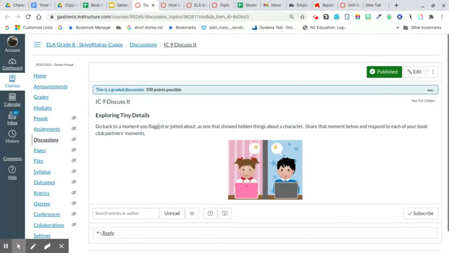It says, go back to a moment that you flagged or jotted about as one that showed hidden things about a character. So one of the characters in your book, something that you wrote down, something that you noticed that wasn't explicitly said about the character, but you noticed about that character. And tell me what that moment is, and then respond to another one of your book club partners' moments.